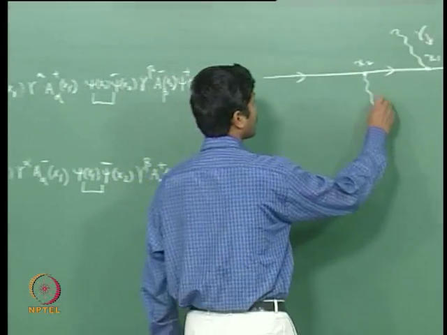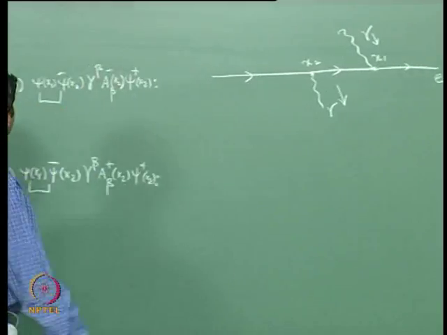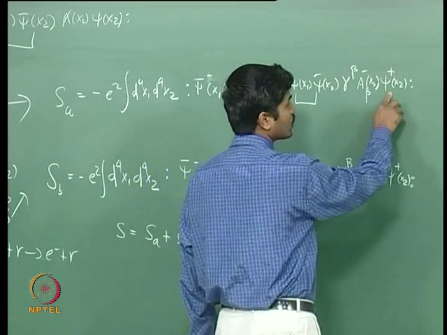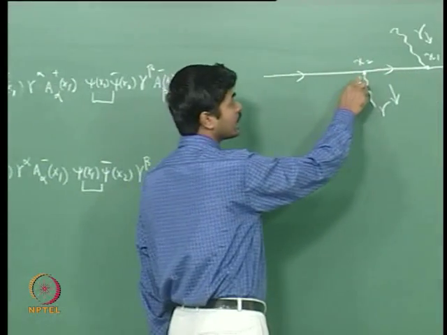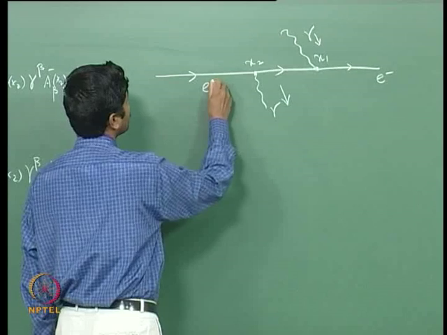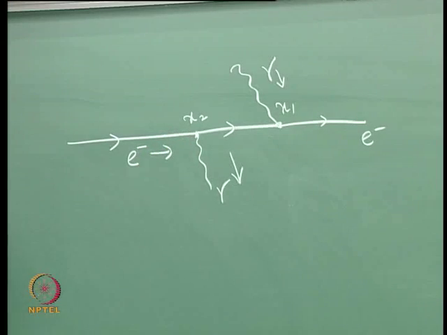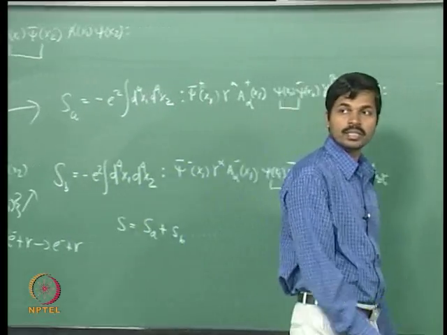So therefore there is an outgoing photon at this space time point x2. Similarly, you have psi plus of x2 which indicates annihilation of an electron at x2. So you have an incoming electron which is getting annihilated at x2, whereas psi bar minus of x1 indicates creation of an electron at x1.